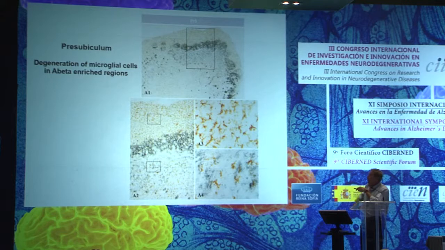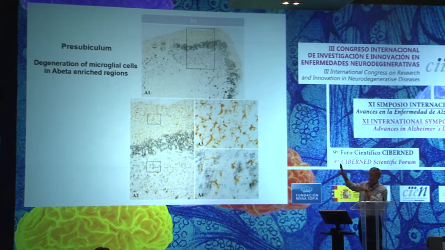This observation is quite clear at the presubiculum. At the presubiculum, you can see the deposition of A-beta just in the inner molecular layer, on the inner layers, and no A-beta depositions in the outer layers. And as you can see here in detail, in the outer layers the microglia seems to be normal.